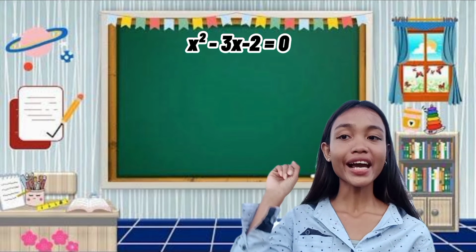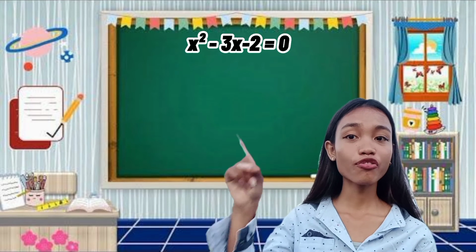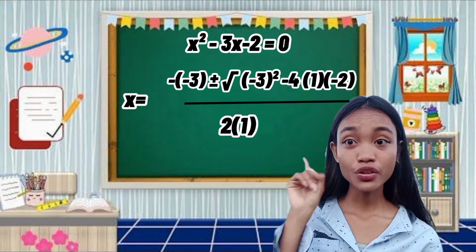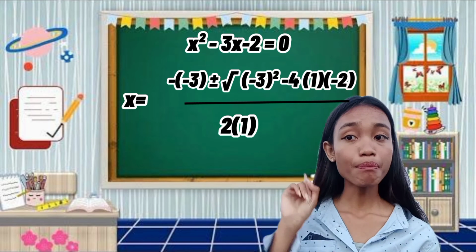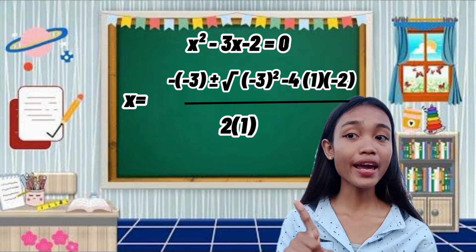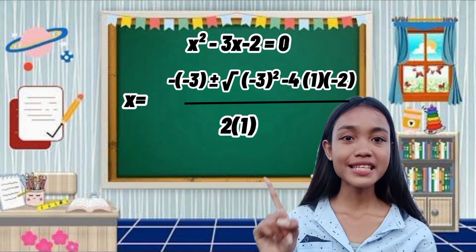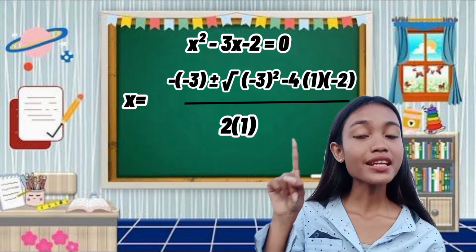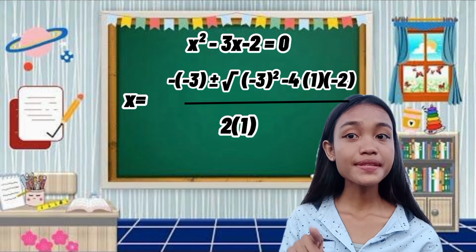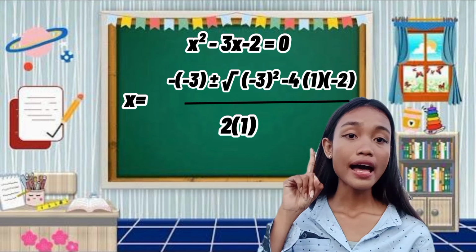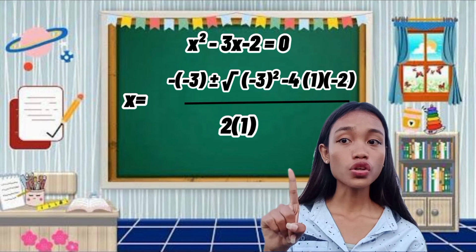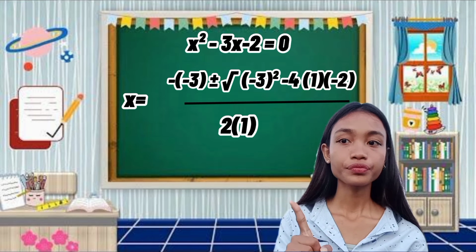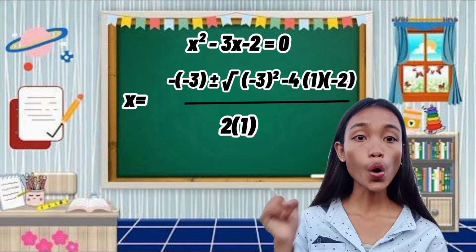So we have negative b, which is negative 3. We are going to substitute that. Plus or minus the square root of b squared minus 4ac. So our b is negative 3. Then minus 4 times 1, c is negative 2, so 1 times negative 2, over 2a.